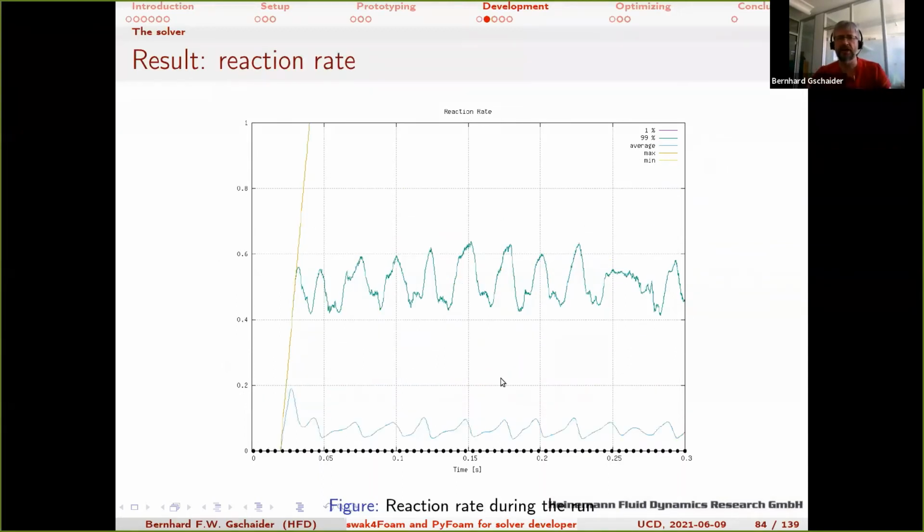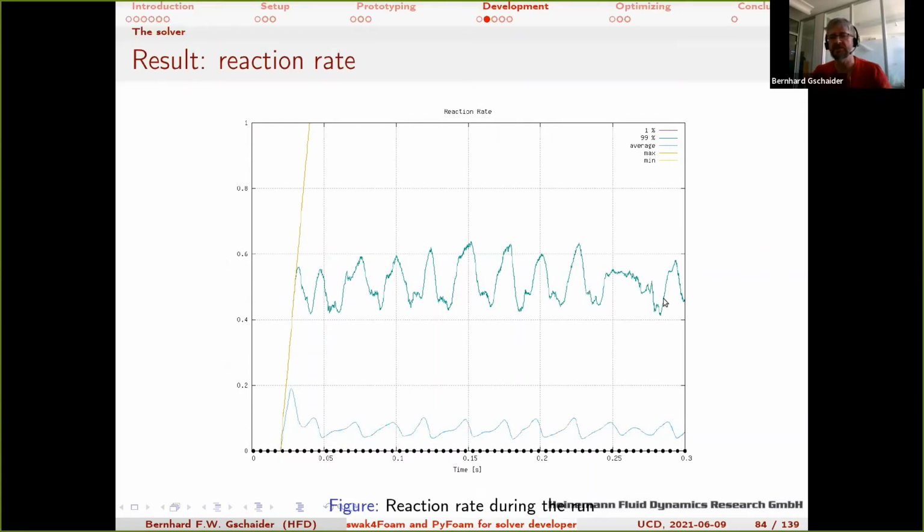Here we plot the reaction rates. We see that the reaction rate starts here. The maximum of the reaction rate goes to the maximum value of 1 at exactly the time that we expect it to, and then we see the average reaction rate down here. And for instance, this is the 99% quantile.